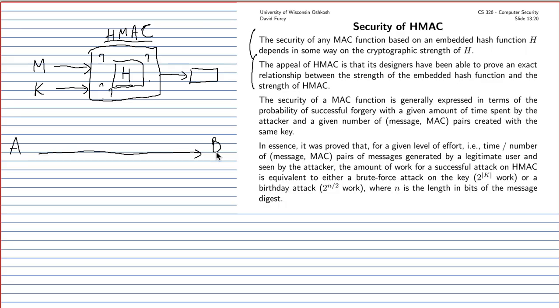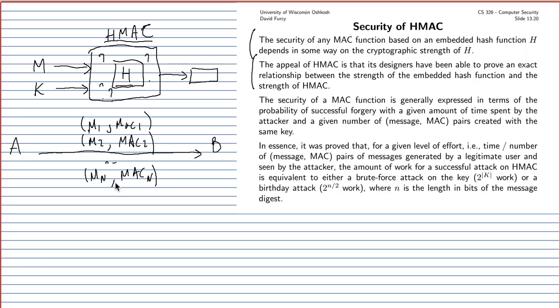Using a particular key K, Alice is going to send message 1 with MAC number 1, and then message 2 with MAC number 2, assuming she's using the same key for a while, and then message N and MAC number N. So the attacker has access to these, say, N pairs of messages and MAC codes, and has available a particular amount of time or computational resources.